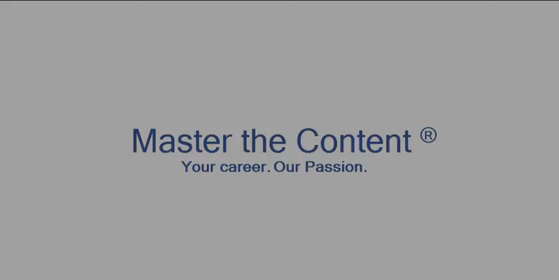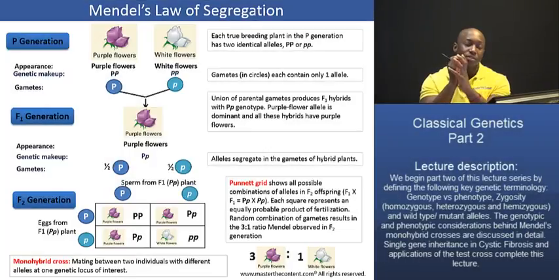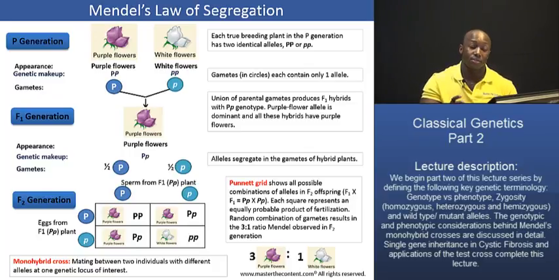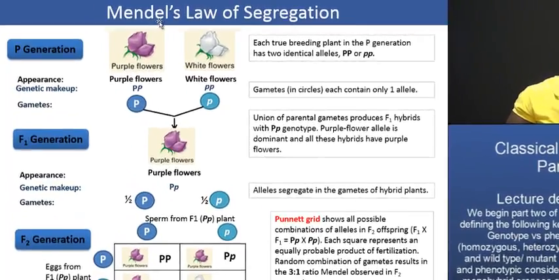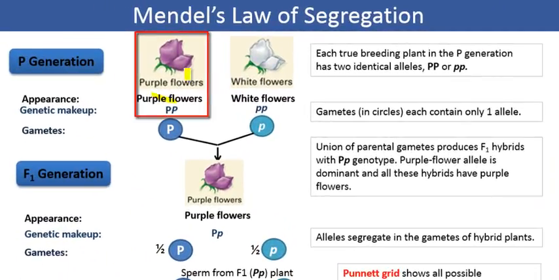Your career, our passion. Now, what this diagram on the screen illustrates is Mendel's model for inheritance of alleles of a single gene. Each plant has two alleles for the gene that controls flower color. As you can see right here, the plants that had purple colored flowers have two dominant alleles.